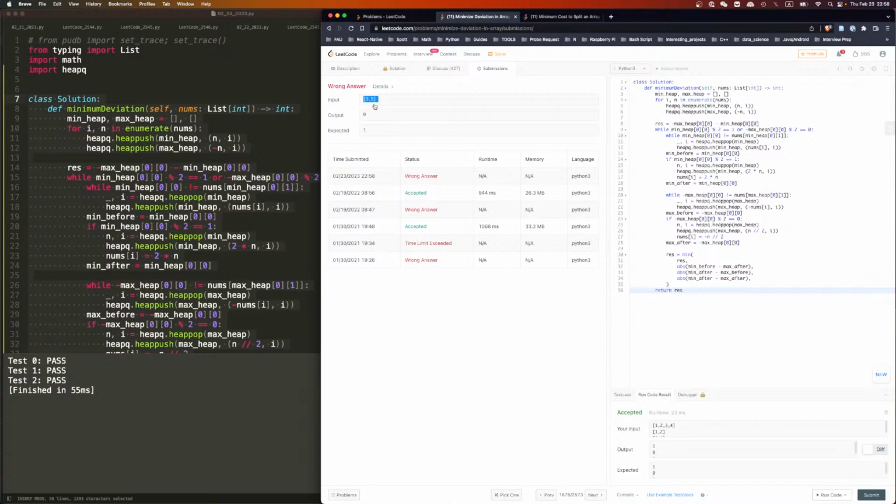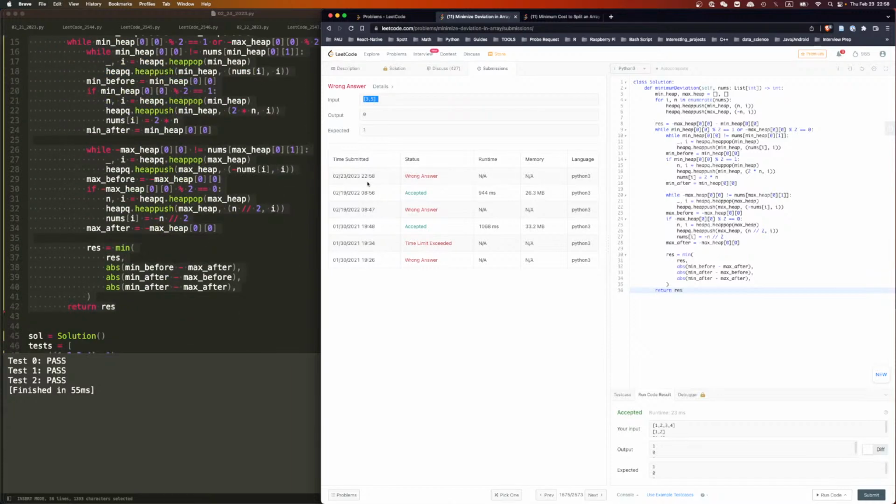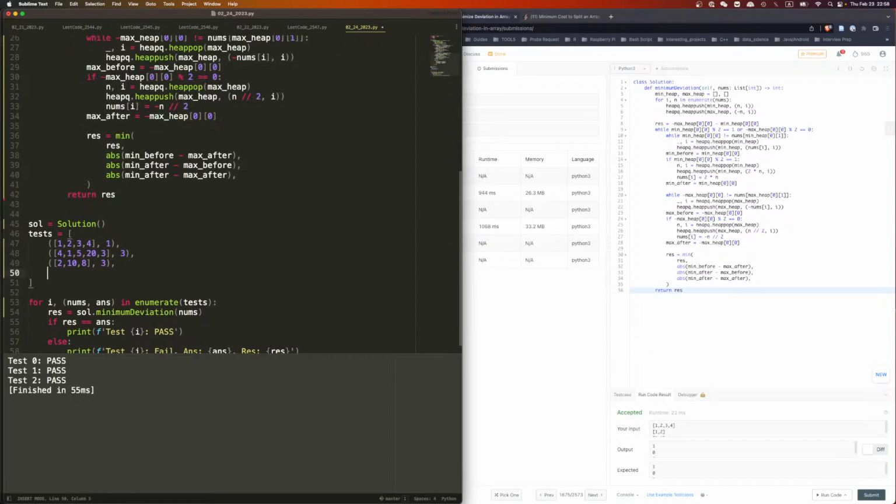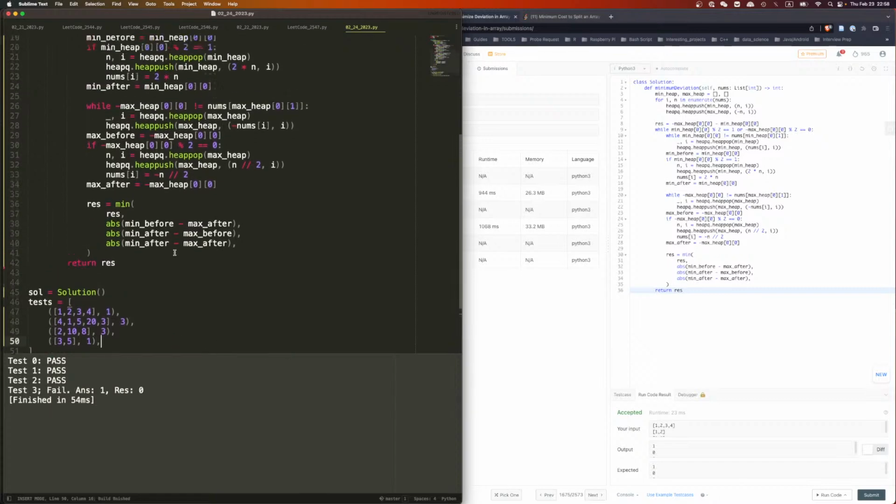Output 0. Huh. It's like a year apart. That should be 1, right? 0. How did you get a 0?